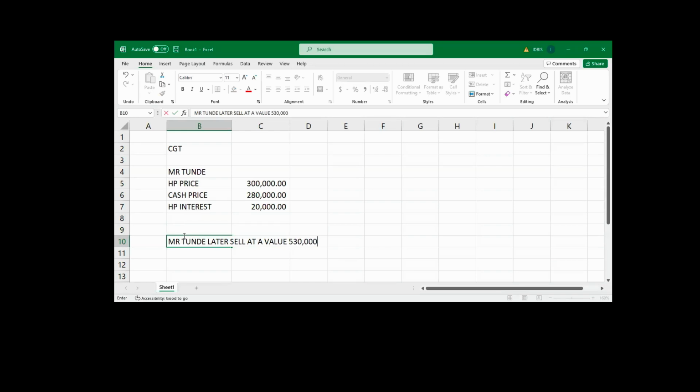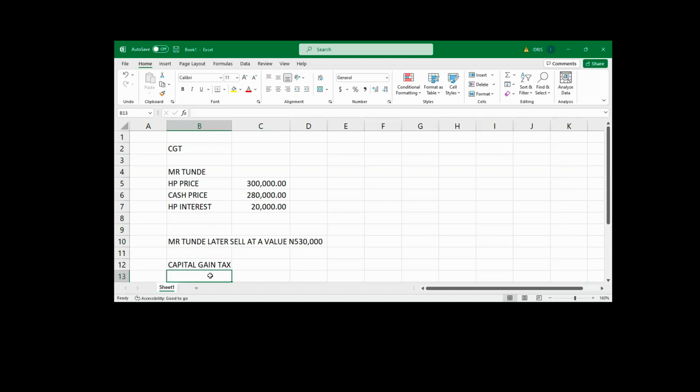He sold the asset at 530,000. Now, you know, Mr. Tunde has sold the asset for more than the cost of it. If you want to calculate capital gain tax on this transaction, how do we calculate it?